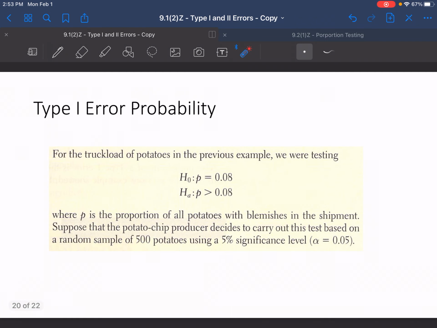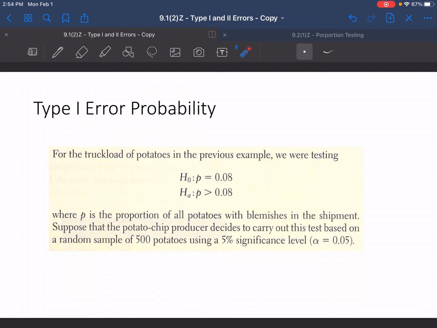So, just to give a visual representation of this, if we look at this example right here for type 1 error probability, for the truckload of potatoes in the previous example, we were testing our null hypothesis that the proportion is 8%, with an alternate hypothesis that our proportion is actually greater than 8%.